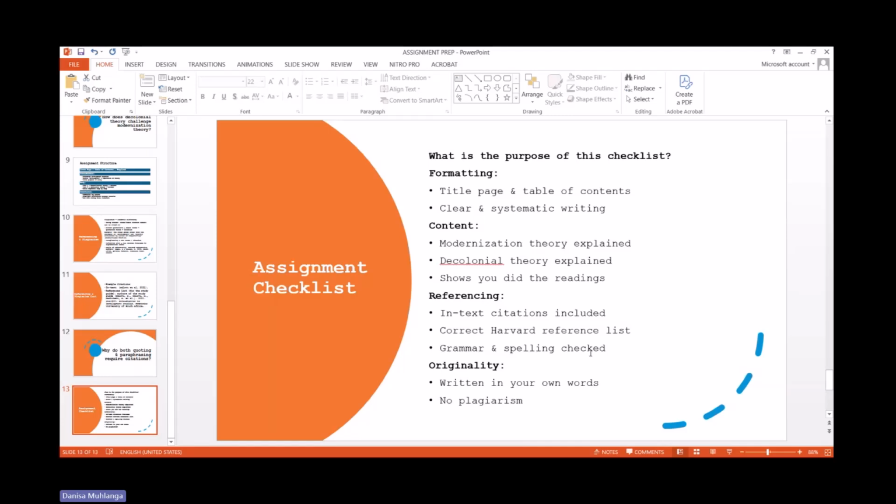So paraphrase your work, né? Write them in your own words, and then use quotations maybe once in each paragraph. Some of the paragraphs you don't even have to use quotations. Don't say, Danisa said on each and every paragraph I must use quotations.